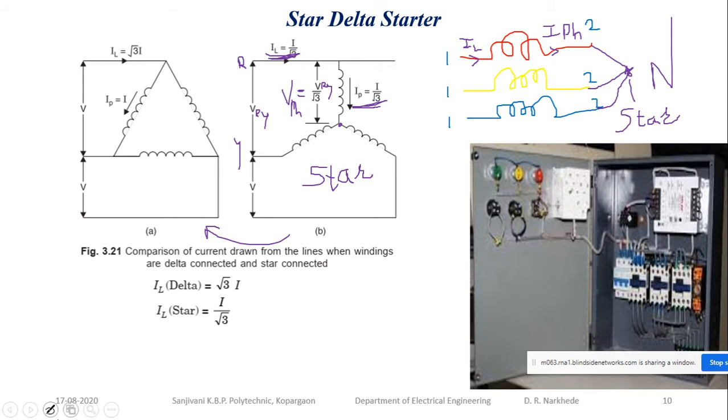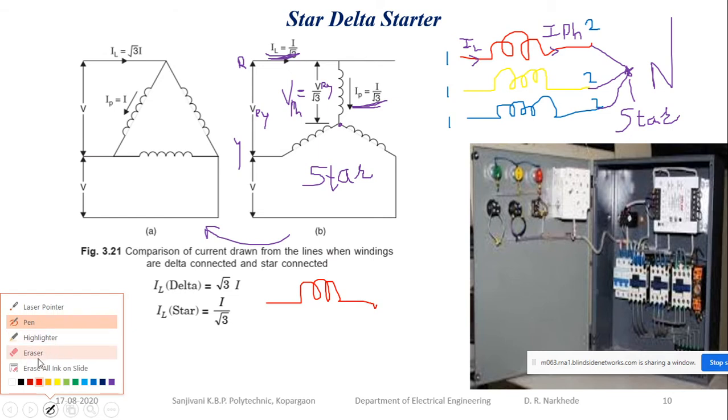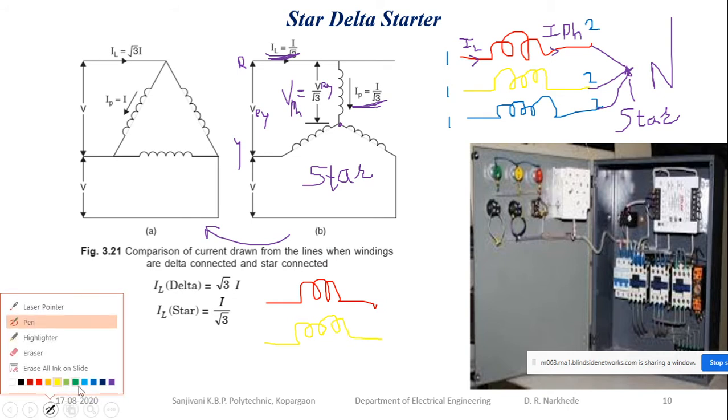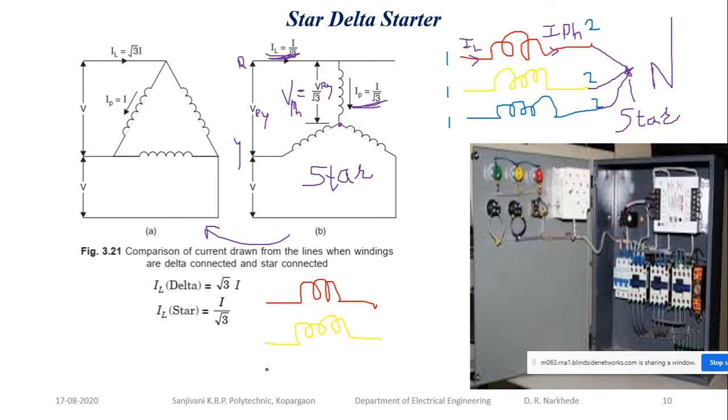So again we are going to discuss in delta connection how to draw the connections for delta. So this is my R phase winding. This is my Y phase winding over here. And the third one is my B phase winding over here.